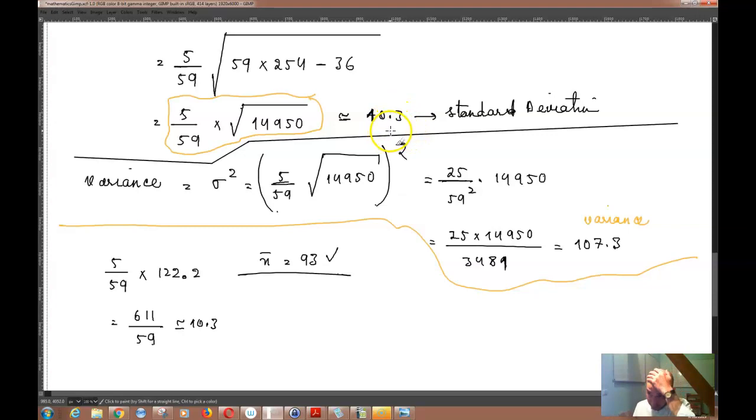Now all of this is, of course, interesting and nice, but you also need to understand what this data, what these answers actually mean. So I got my variance sigma squared is 107.3.